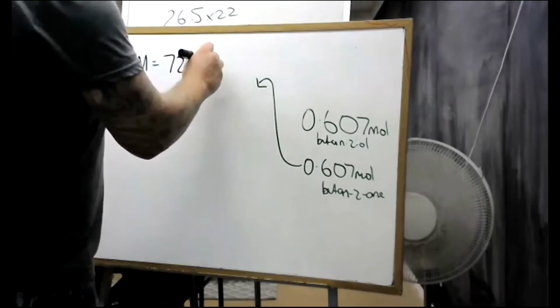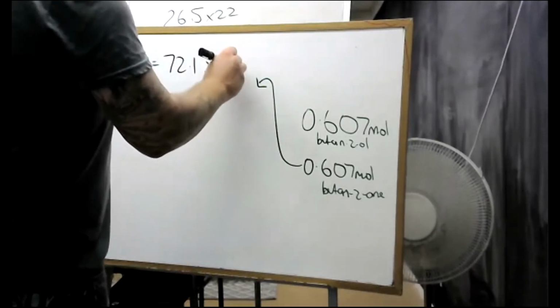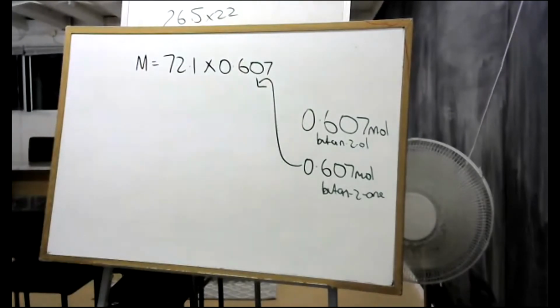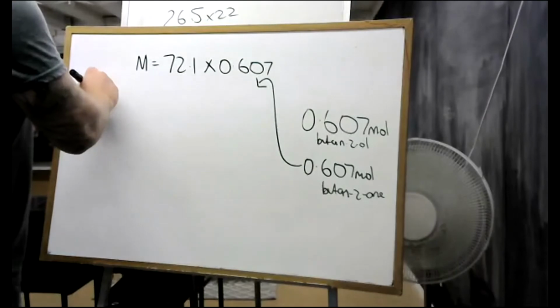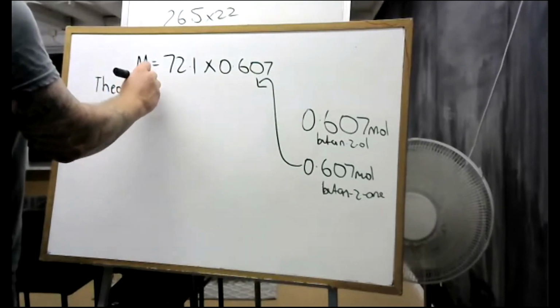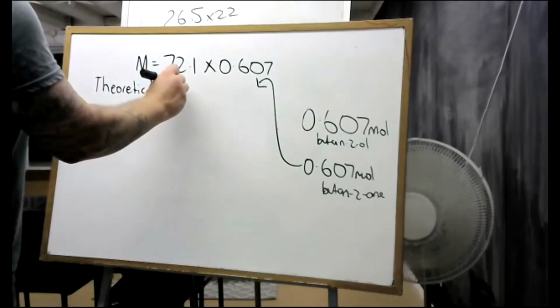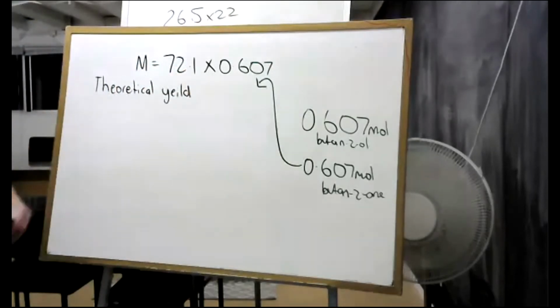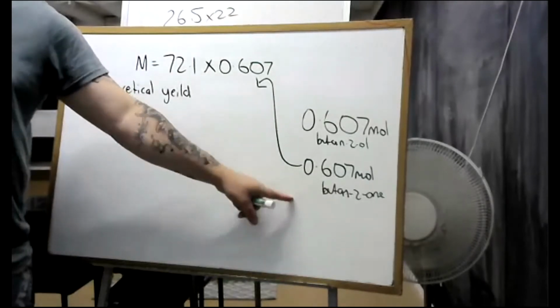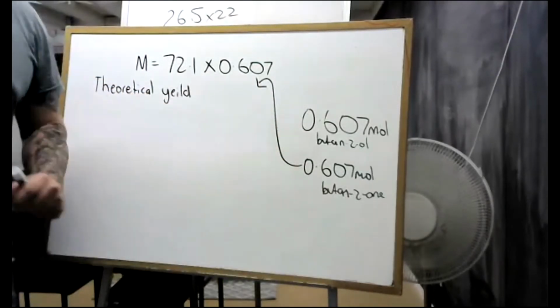So times by 0.607. So the theoretical yield, so remember when we're calculating percentage yield, we first calculate the theoretical yield based on the number of moles of the product that is present.